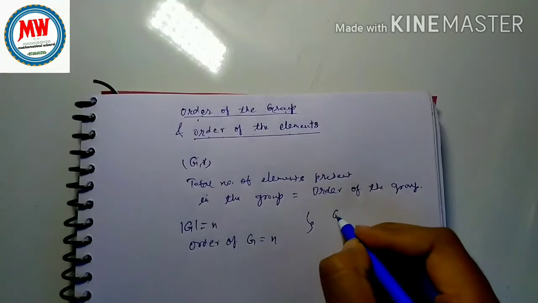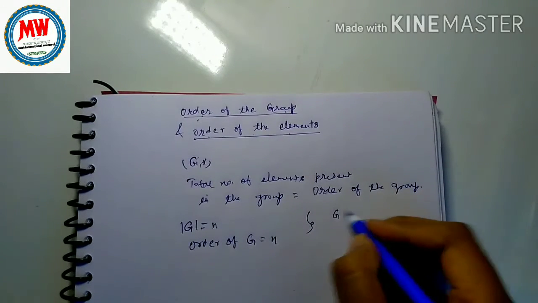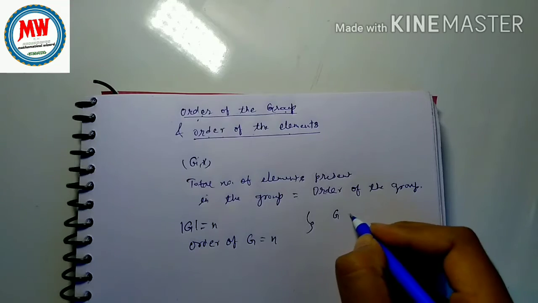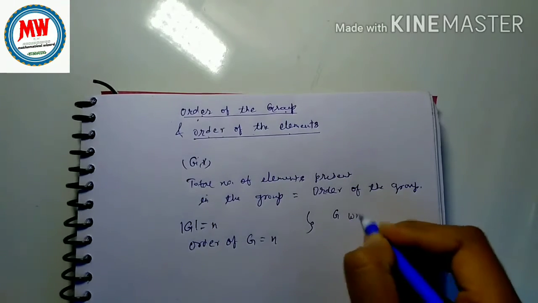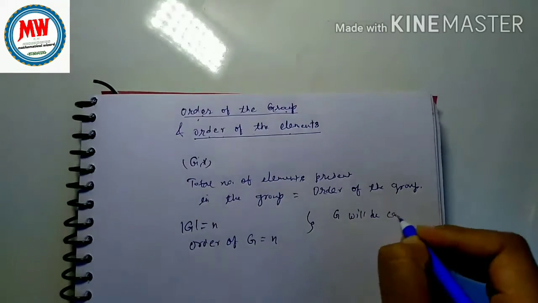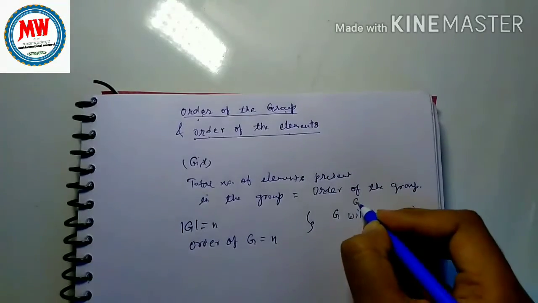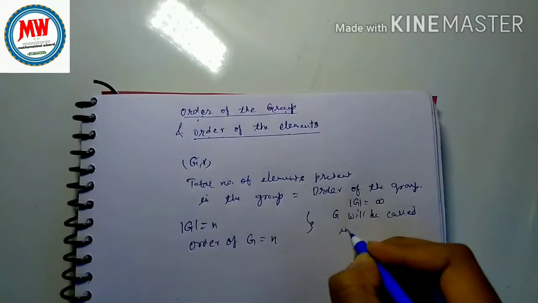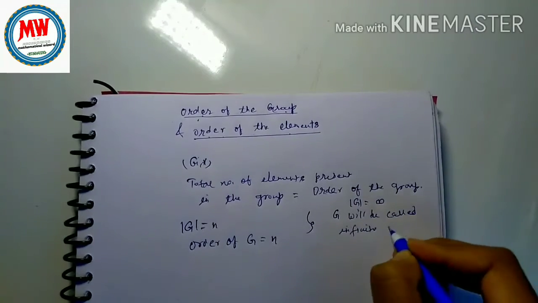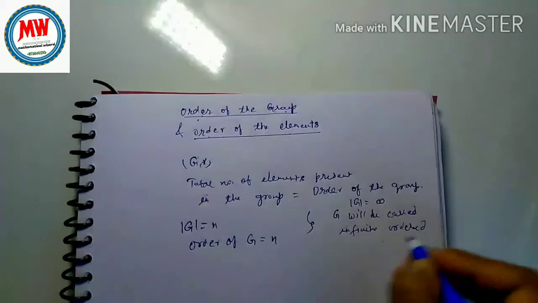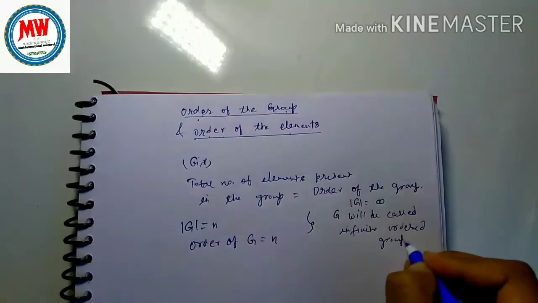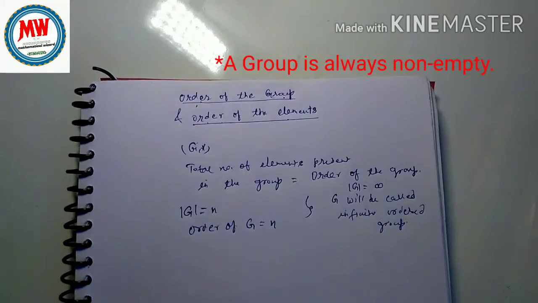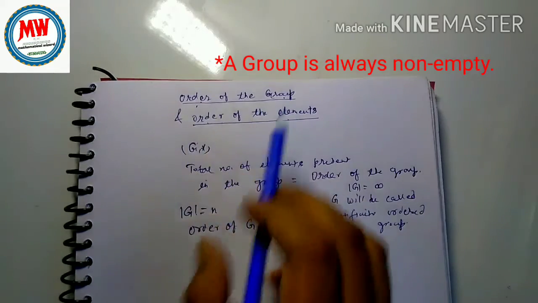And if G is infinite, that means G contains an infinite number of elements, then G will be called an infinite ordered group. So this is the basic meaning of order of the group.